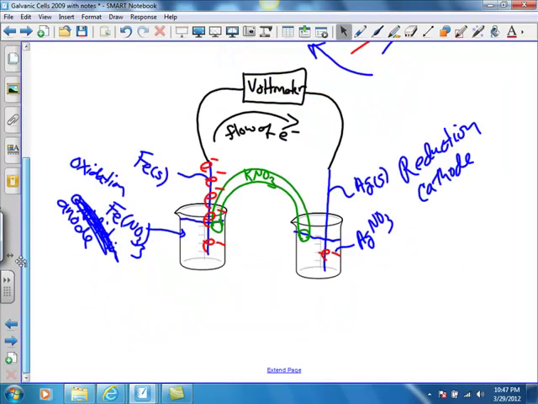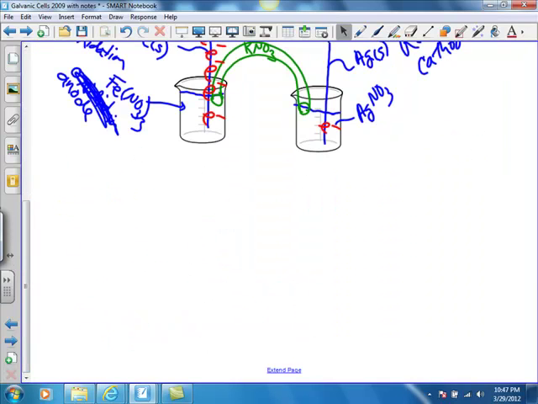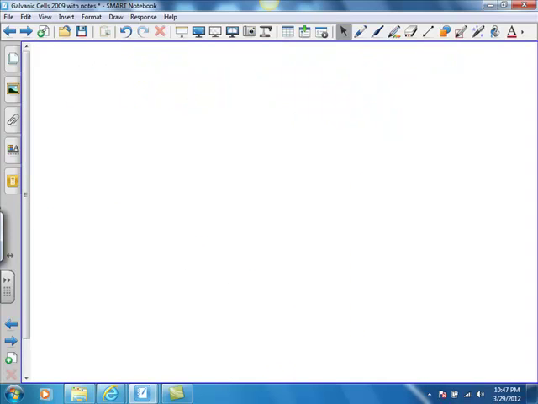Now, one other thing that we can do is have what's called a line notation. What a line notation does is it shows you what the oxidation and reduction is going to be.